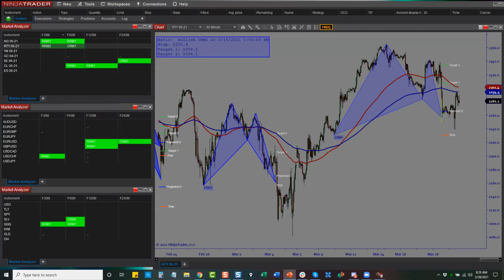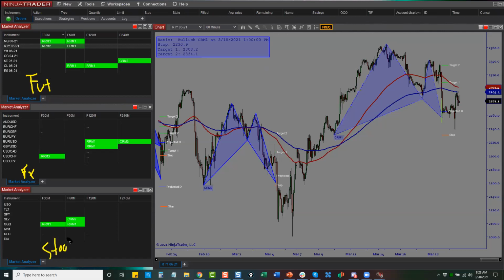What I've got here are some scans, and it's interesting that it doesn't matter which market you want. I'm going to look at some swing trading examples first, and then we can load the day trading as well. I'm going to walk you through this: I've got futures here, forex here, and stocks down here.